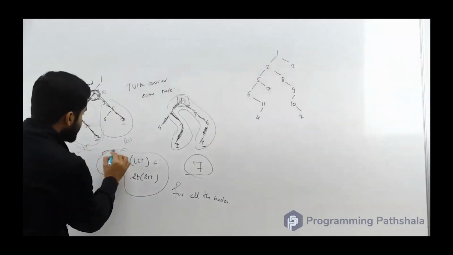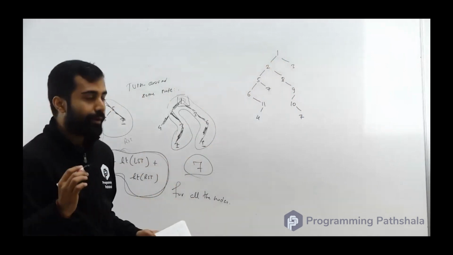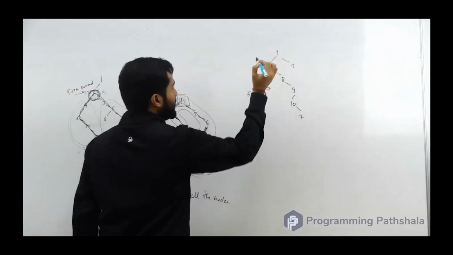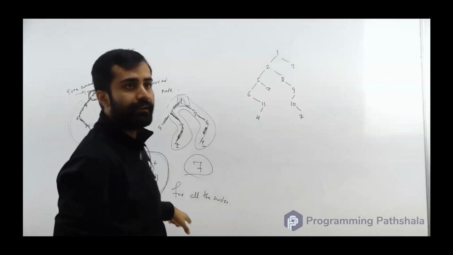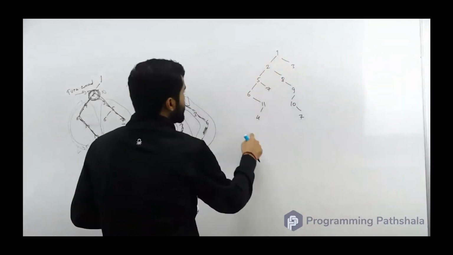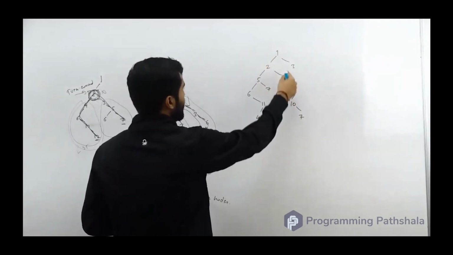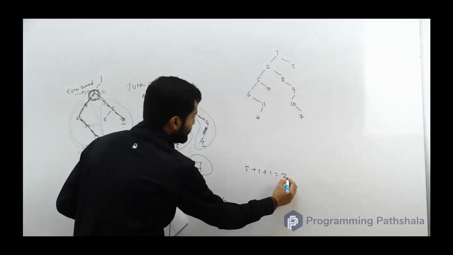If you compute this expression for all the nodes, what are the values that you are going to get? Can you tell me the value of this expression for this node? If this is my turnaround point, then what will be the value of 1 plus height of left plus height of right? For this node, the height of left subtree is 1, 2, 3, 4, 5, and the height of right subtree is 1. So 5 plus 1 plus 1 is going to be 7, right?